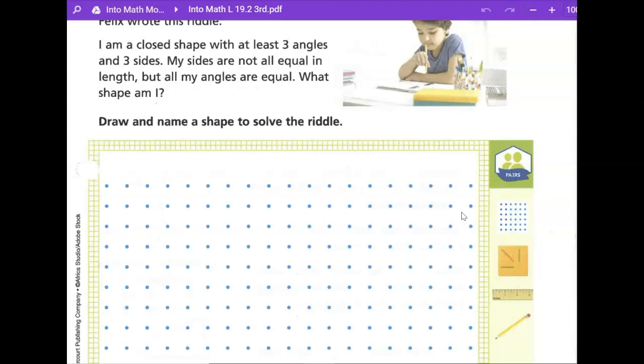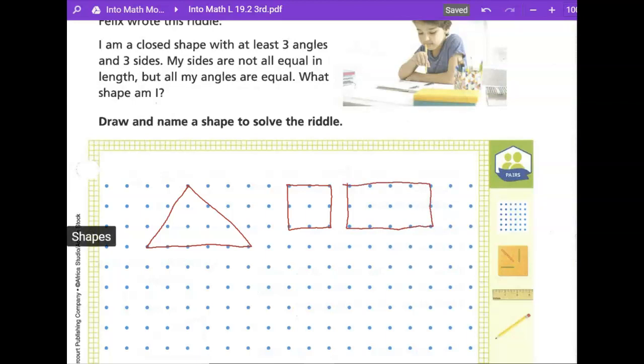At least 3 sides. And all my angles are equal. So I can try a triangle, but that's going to be a little hard to get all my sides equal and my angles equal. Yes, we could draw a square. We could draw a rectangle. Oops.